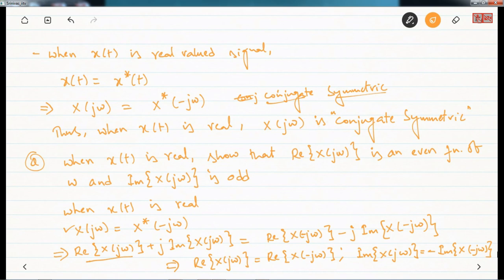Okay. So we have got this conjugate symmetric property, and then we just expanded this in rectangular form. This is equal to real of X of j omega plus imaginary of X of j omega, and then we expanded the right hand side also in rectangular form, and then we got this.